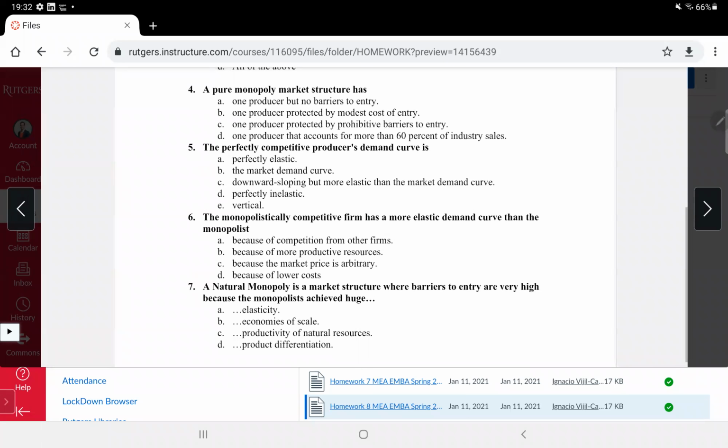For monopoly, we're talking about number 4. Yes, I guess my question for you is, is the key word there you're asking for the market structure? And that's why we chose A? Well, pure monopoly. So I think you are mistaking the monopoly with monopolistic competition. Those are two different things.